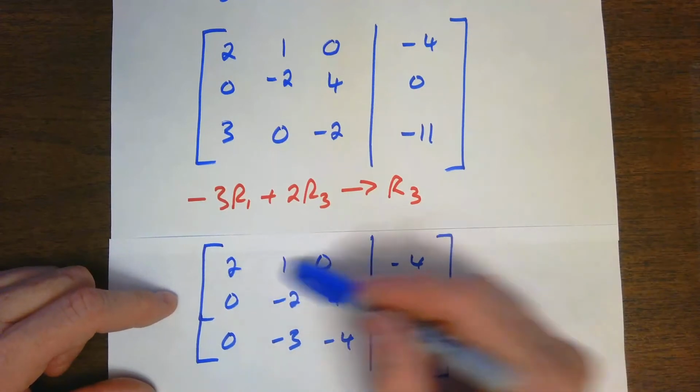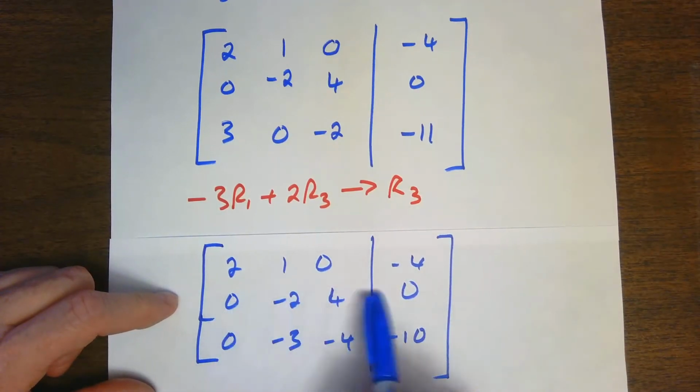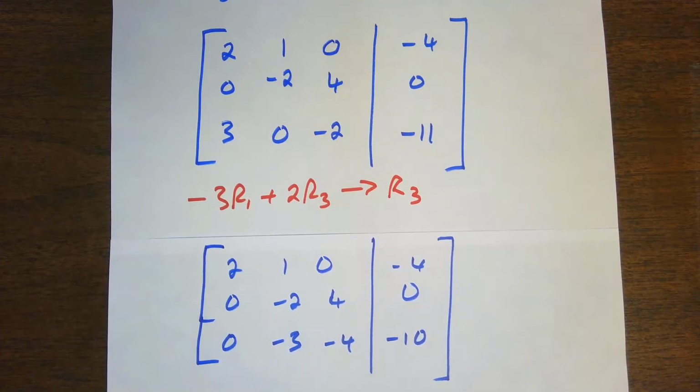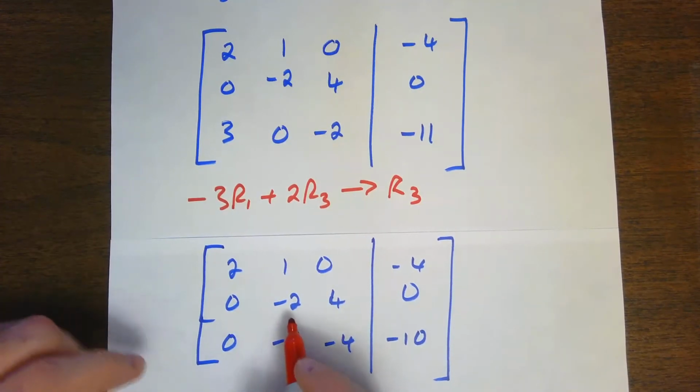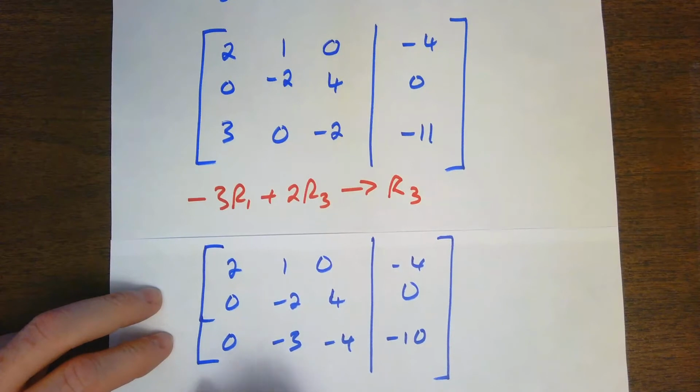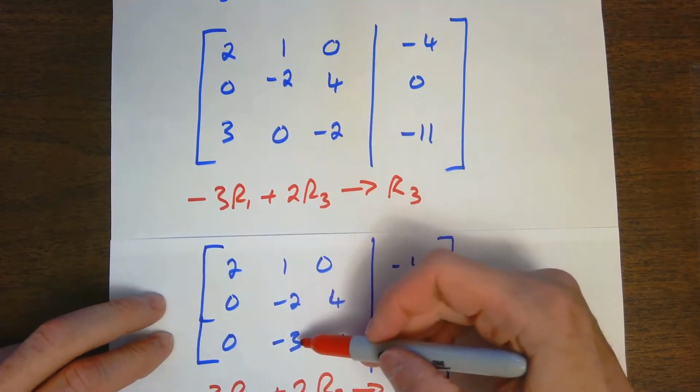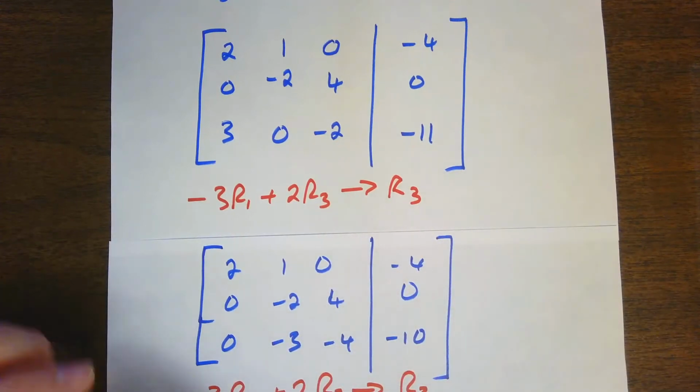So I don't want to use row 1. I'm only going to use rows 2 and 3 to get rid of that negative 3. What I'm going to do is negative 3 times row 2 and add it to 2 times row 3 and put it in for row 3. Negative 3 times negative 2 is positive 6, and negative 6 are going to give me that 0.